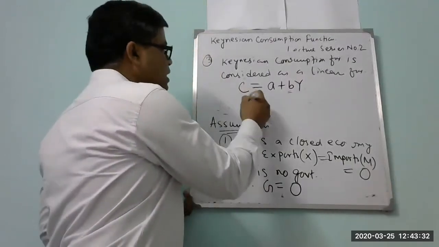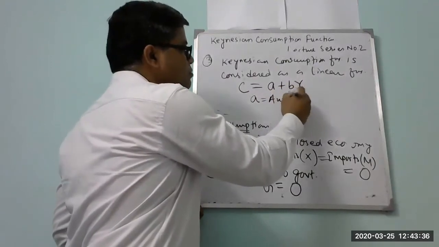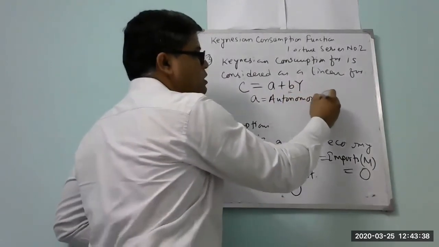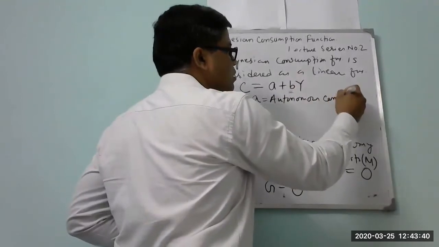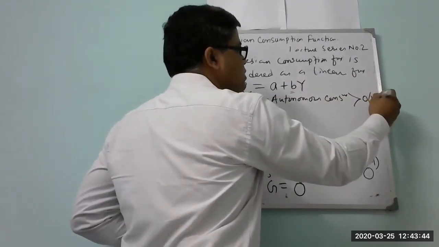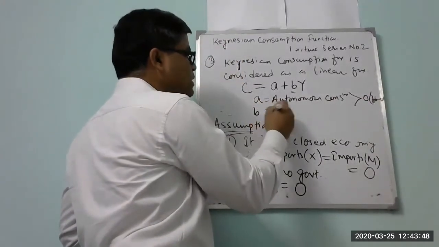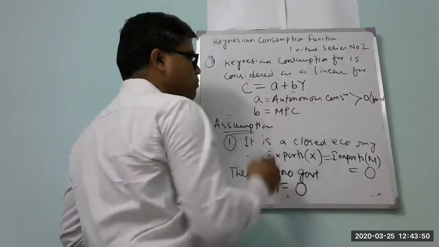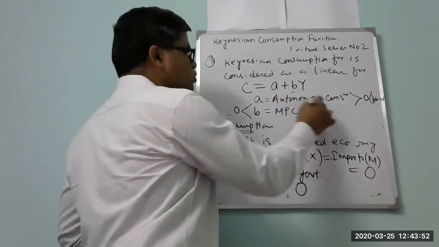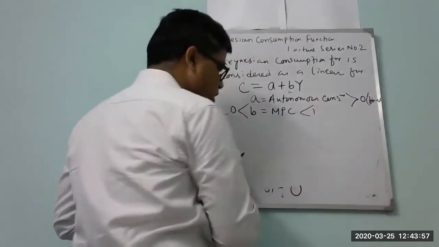Here A is the autonomous consumption, which is greater than 0 and fixed, and B is called the MPC, which is more than 0 but less than 1. Why it is more than 0 but less than 1, I already described.